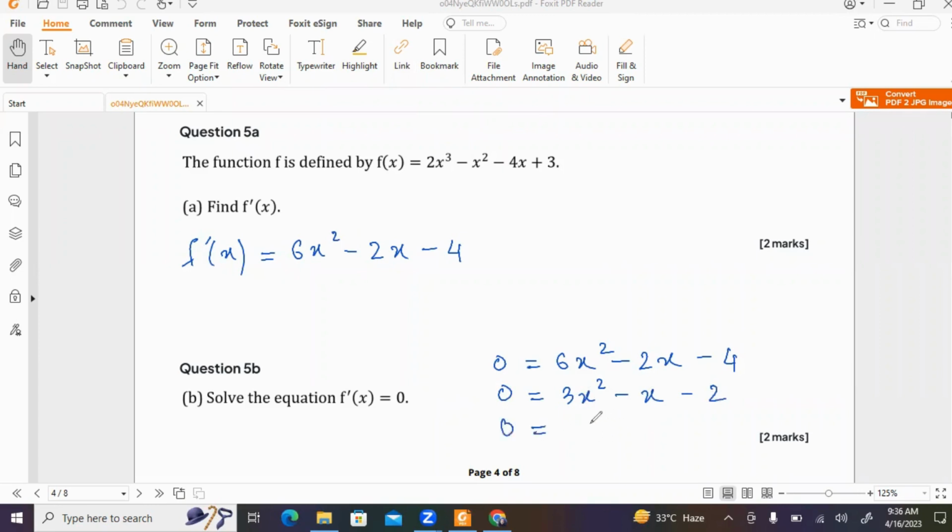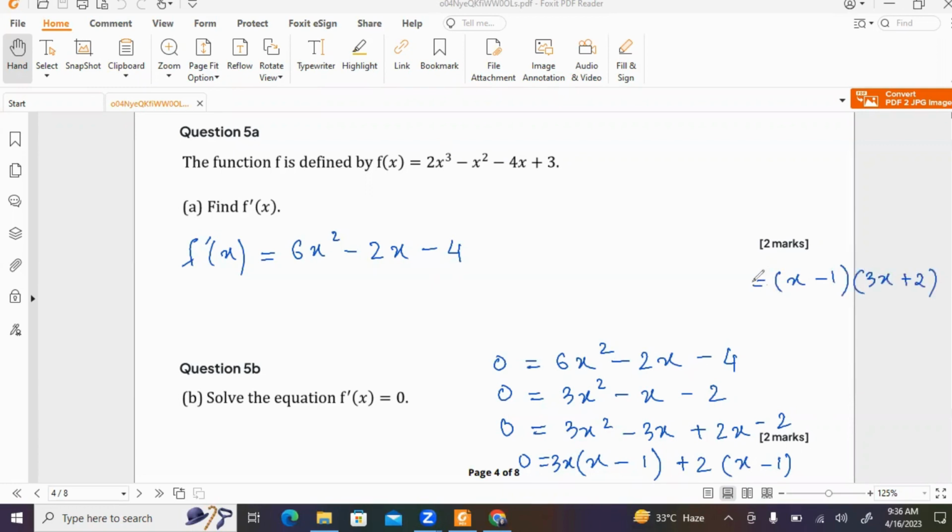We apply factor by grouping, so that's 3x squared minus 3x plus 2x minus 2, which gives us 3x times (x minus 1) plus 2 times (x minus 1), which is (x minus 1) times (3x plus 2) equal to 0. One value of x is 1 and the other value is negative 2 by 3.